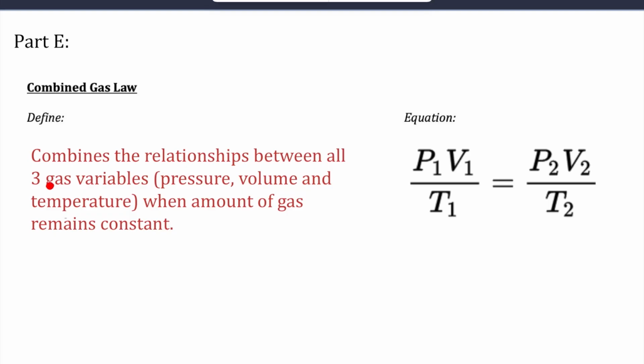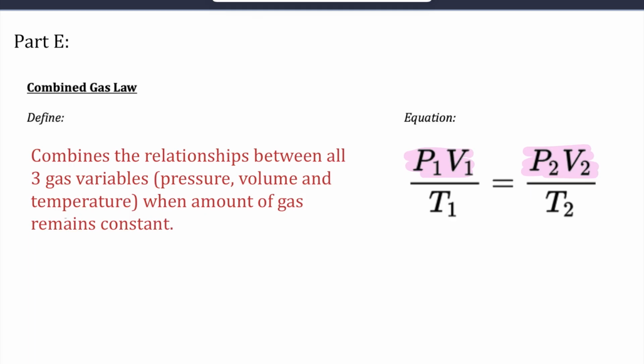So the relationship between the three gas variables of pressure, volume, and temperature. And for this, we are again looking at when the amount of gas remains constant. We have seen the pressure volume relationship in our second set of notes that was talking about Boyle's law.